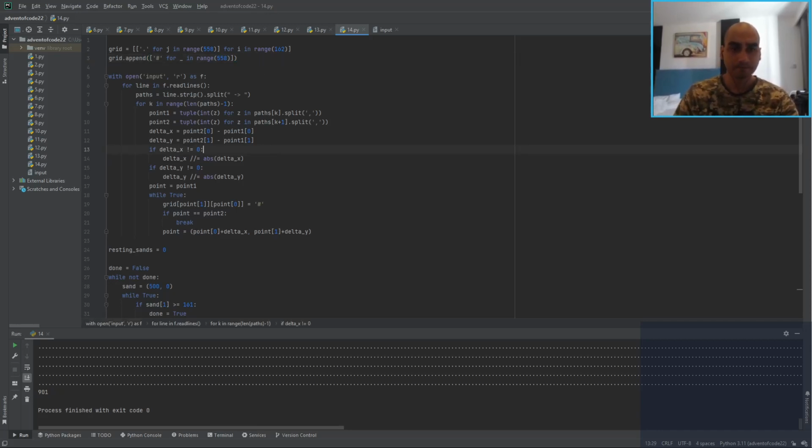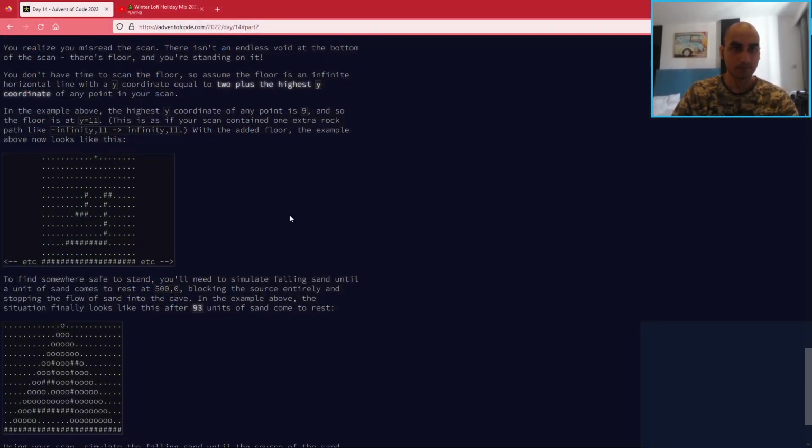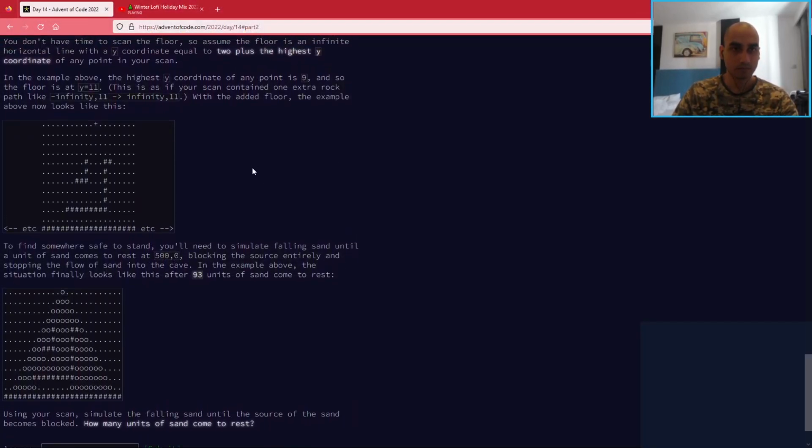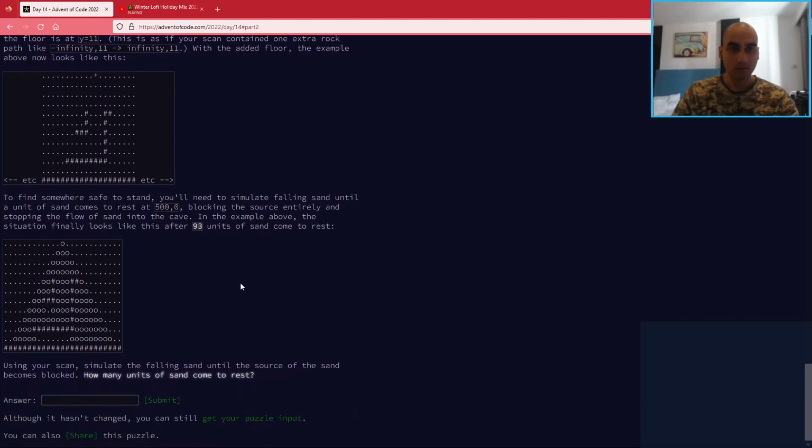All right. You need to simulate falling sand until a unit of sand comes to rest at 500, blocking the source entirely and stopping the flow of sand into the cave. In the example above, the situation finally looks like this after 93 units. Oh, we might need a wider map. We'll have to see. So our program will error if it's not wide enough.